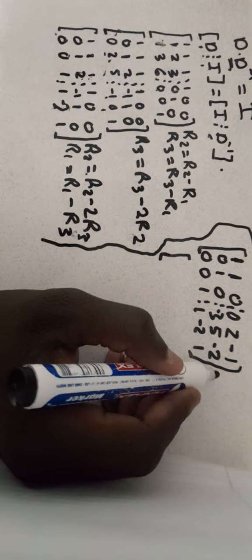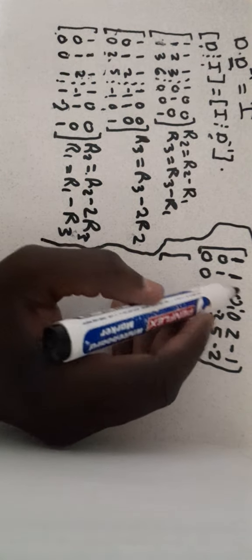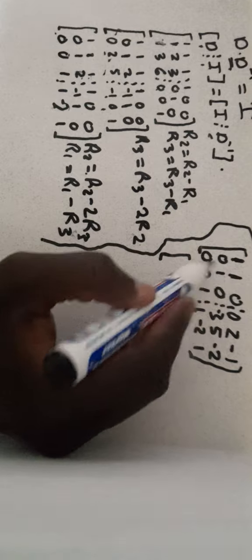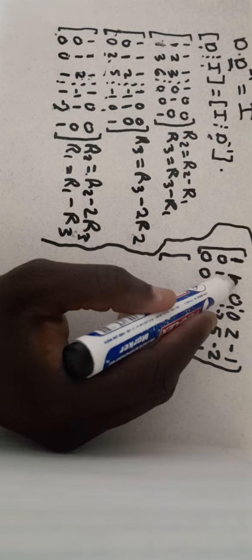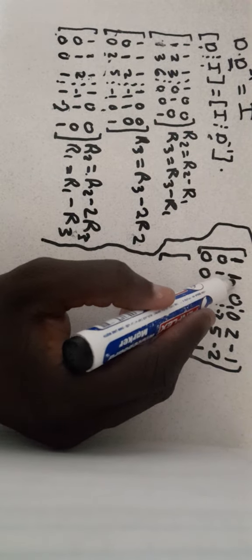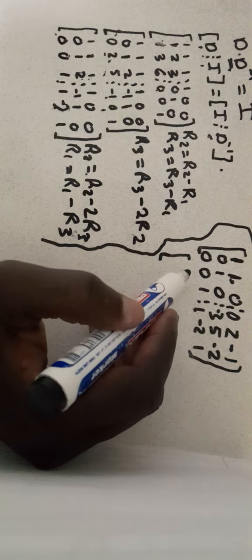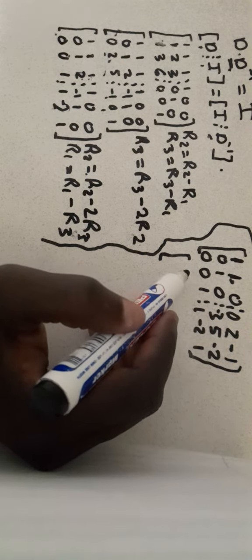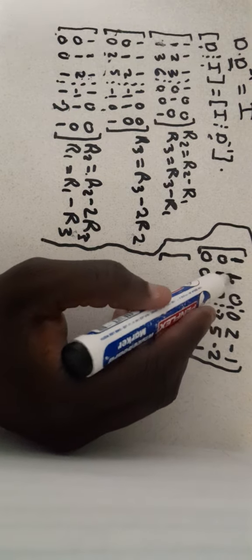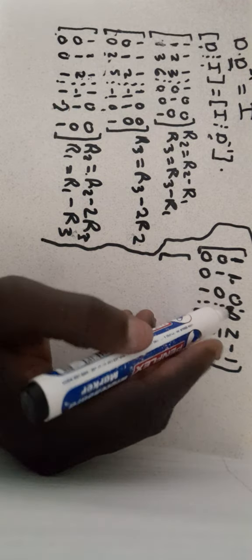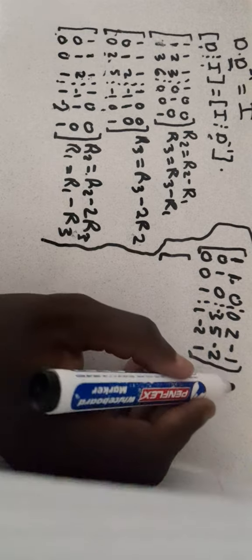We can say I need to make this. You can see that in order for this to be an identity matrix, we need to convert this 1 into 0. So how can you do that? There's many ways of doing that. We can just focus on row 1 and row 2, just subtracting.